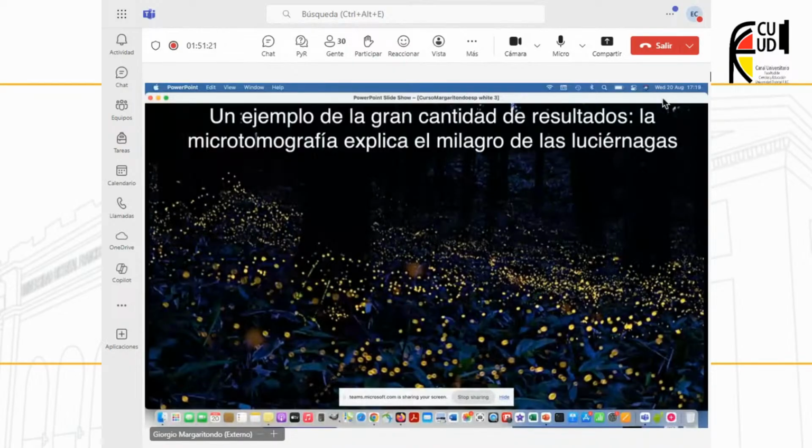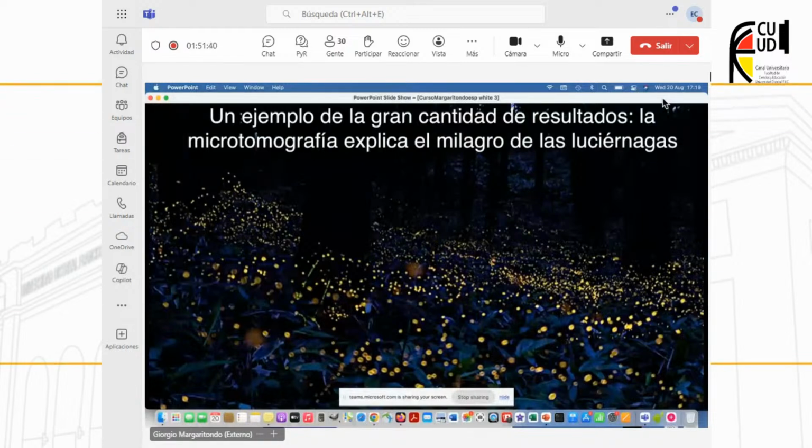There's so much energy emitted that the firefly becomes a very, very effective light-emitting instrument. So the mechanism is still not understood. And let me show you one reason.